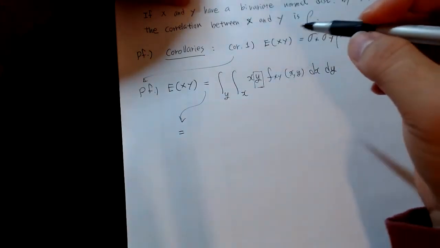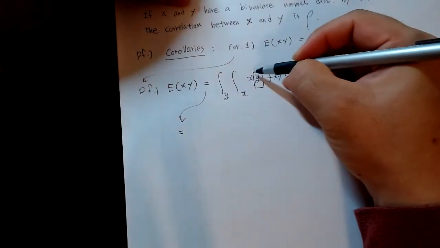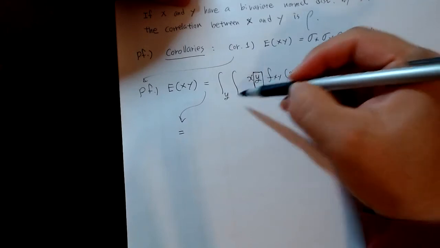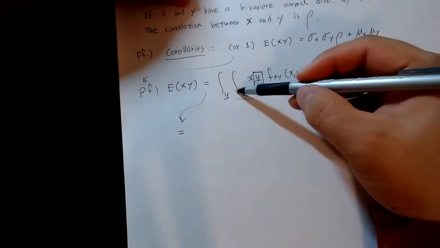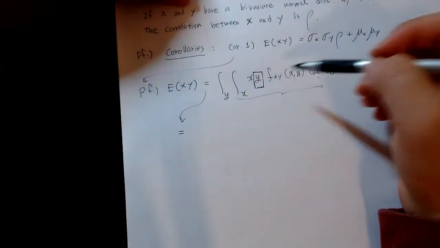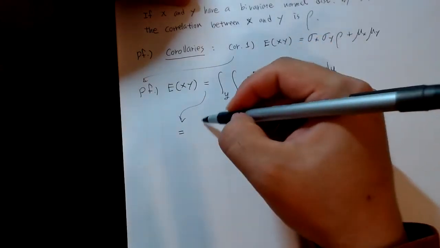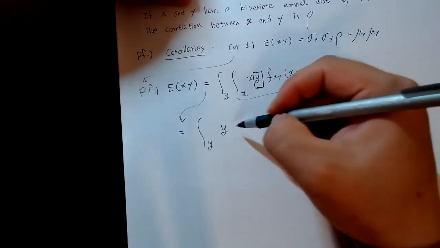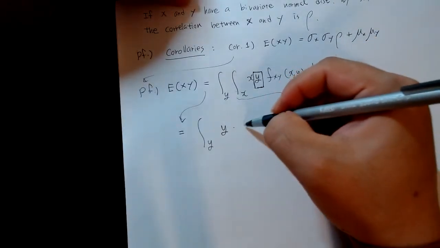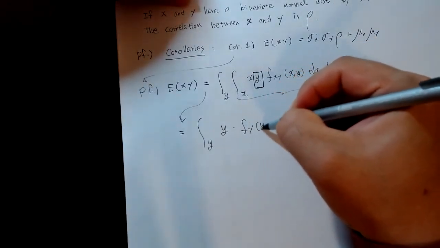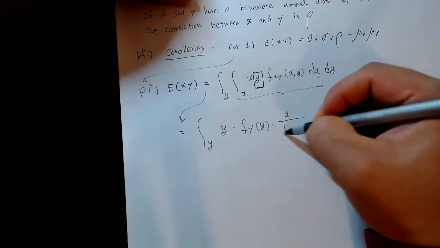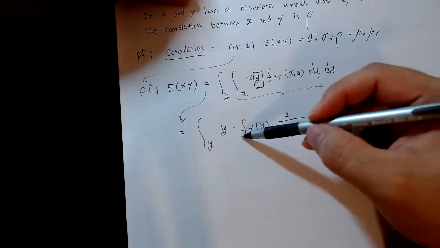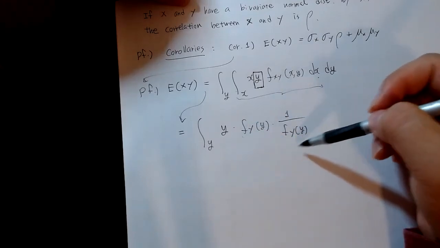By the way, since y can be considered a constant in the inner integral, because this is an integral with respect to x, I'm going to bring it out. So the integral with respect to y of y, and then I'll put in an identity: the marginal PDF of y times 1 over the marginal PDF of y, which is 1.